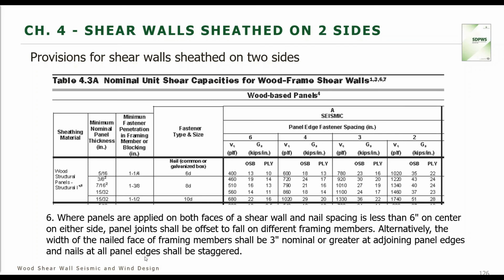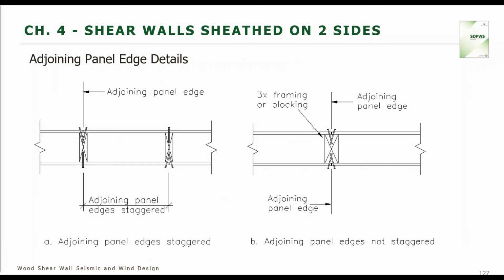We need to offset those panel joints on our framing or provide a 3x. So here we go. Here's a really good graphic that shows panel joint here, panel joint here. And then where they are on the same 2x member, we need a 3x.